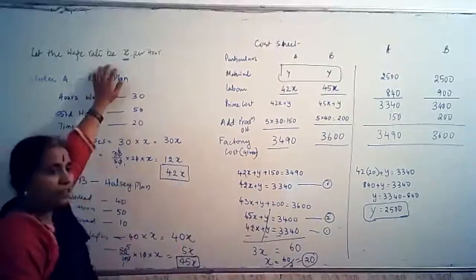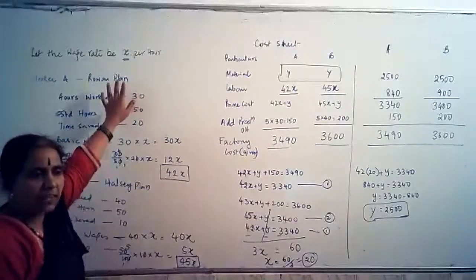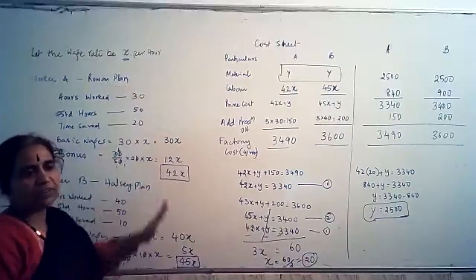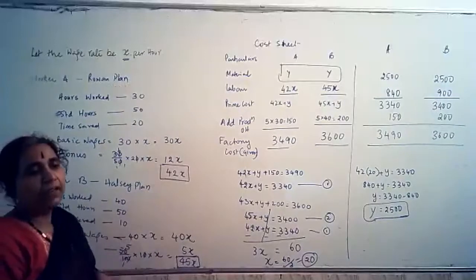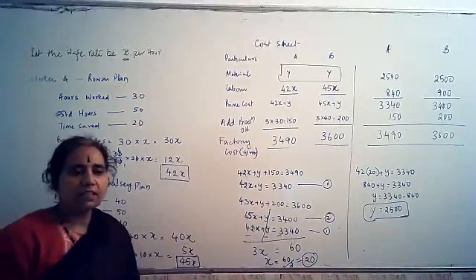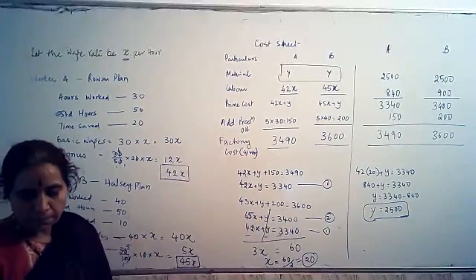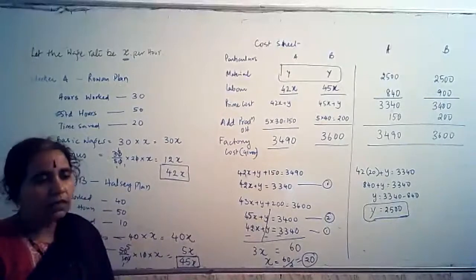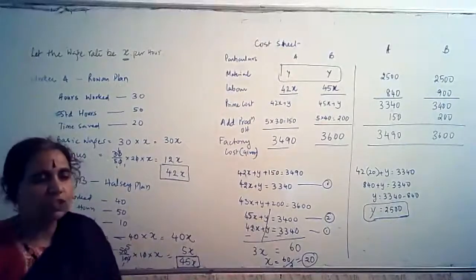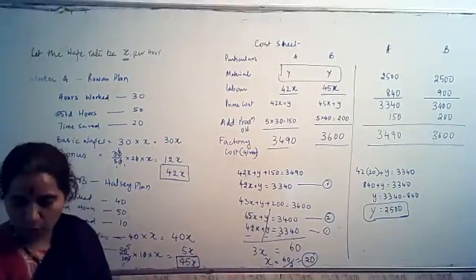Let some unknown rate be taken as x, and then you need to calculate in this fashion to get two equations and solve the problem using the simultaneous equation method. So this is a problem which talks about Halsey and Rowan as well as some mathematical equations included in it.